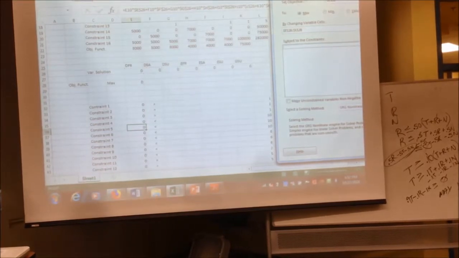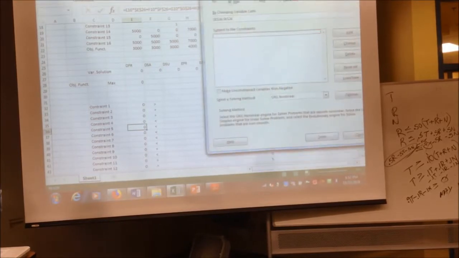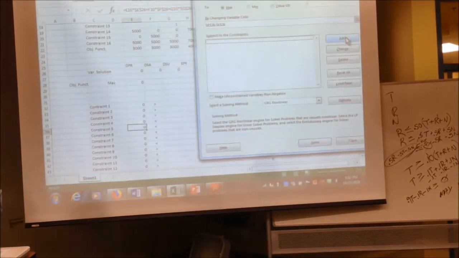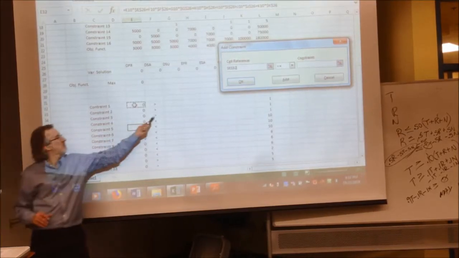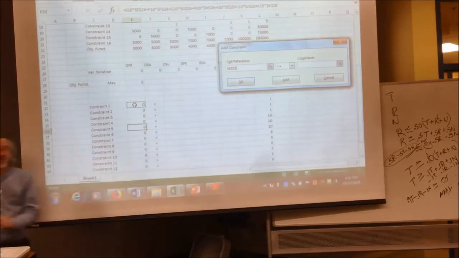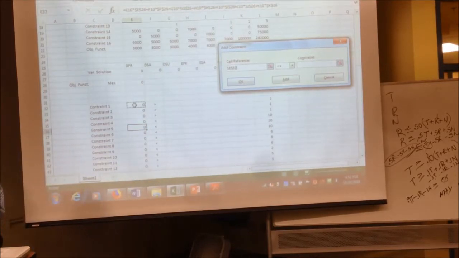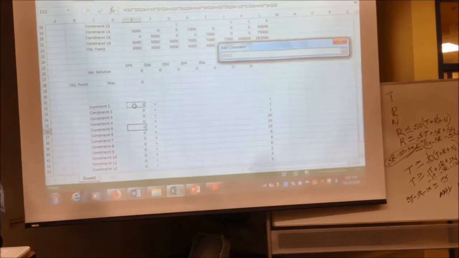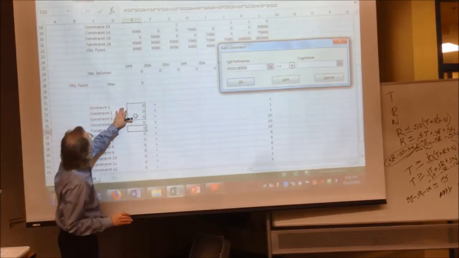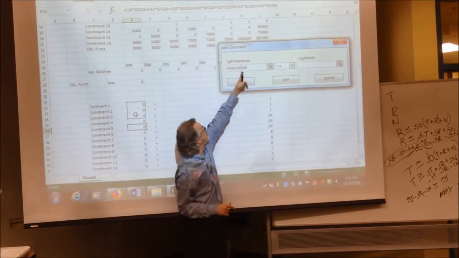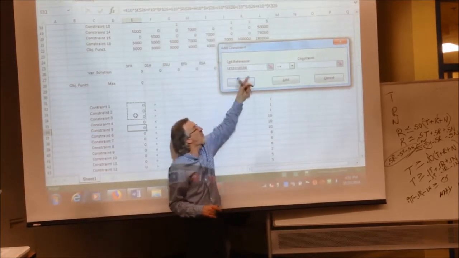Here we go, our first constraint. Looks like we've got like 16 of them. We start right here. Let's add a constraint. The left side of the first constraint is right there, but because there's 3 in a row that are all greater than or equal, I'm going to drag the left side, holding down my left click, dragging all 3 of those. So instead of saying just E32, it's E32:E34.